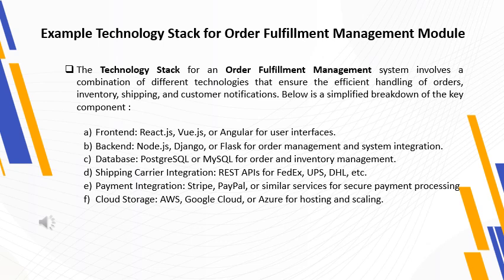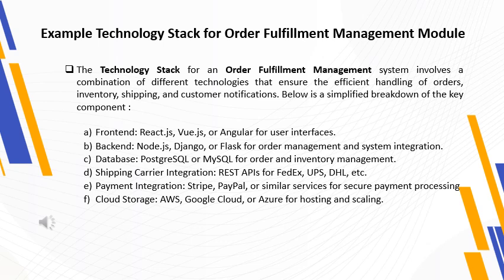A. Frontend: React JavaScript, Vue JavaScript, or Angular for user interfaces. B. Backend: Node.js, Django, or Flask for order management and system integration. C. Database: PostgreSQL or MySQL for order and inventory management.